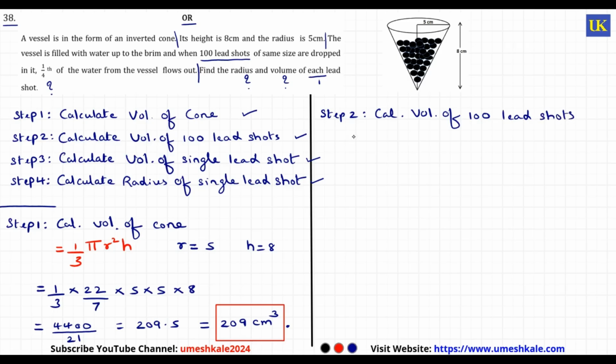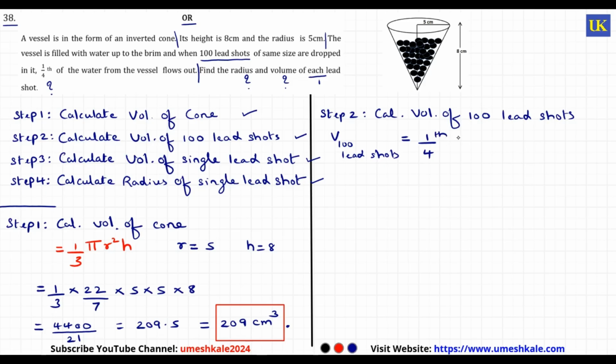Here guys, what they have told us in the question is that the volume of all the 100 lead shots is equal to one fourth of the water which flows out of the cone.